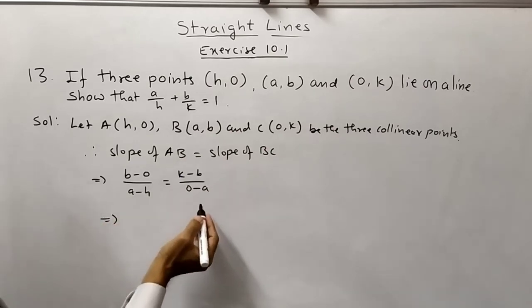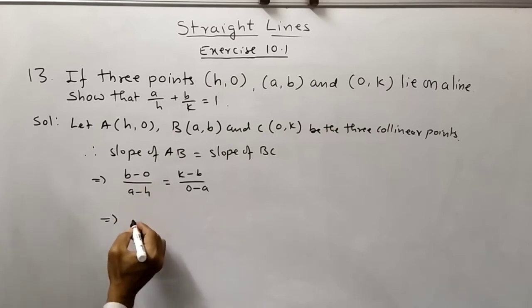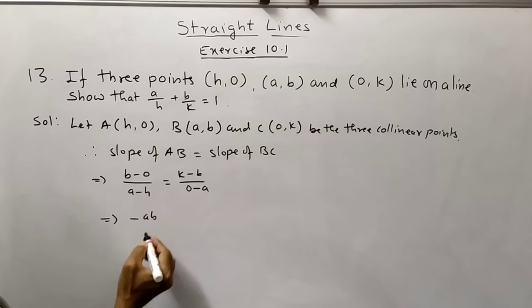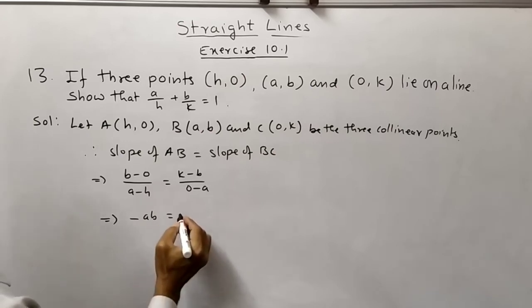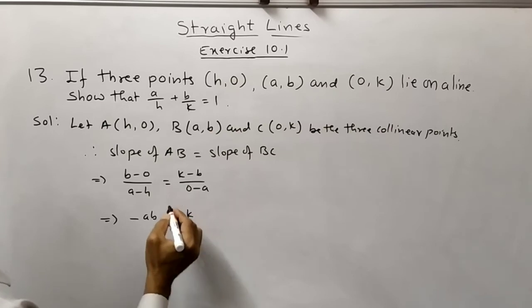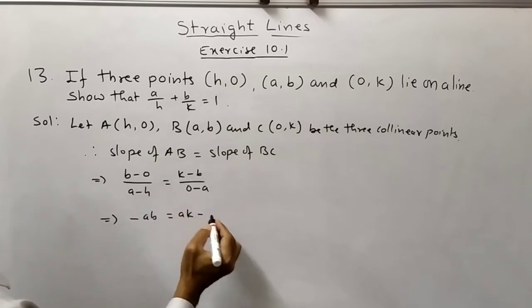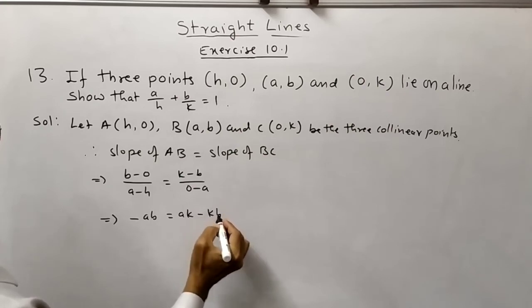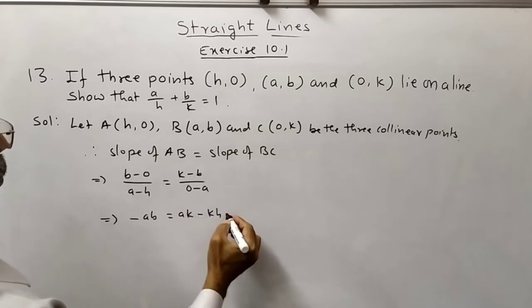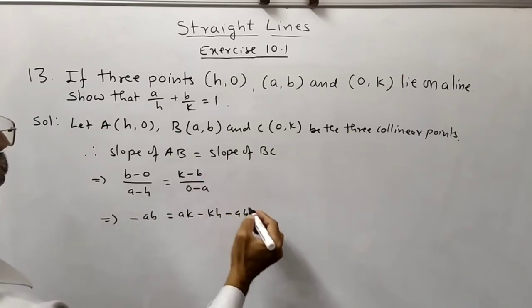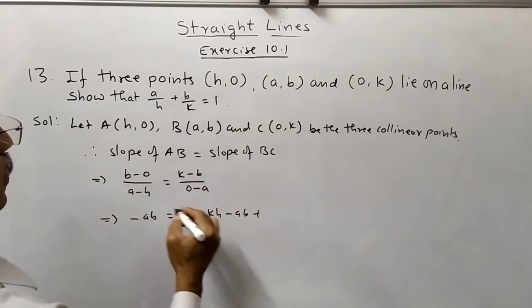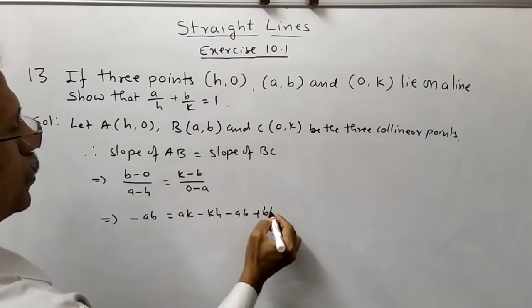Implies, by cross multiplication, minus ab is equal to ak minus kh minus ab plus bh.